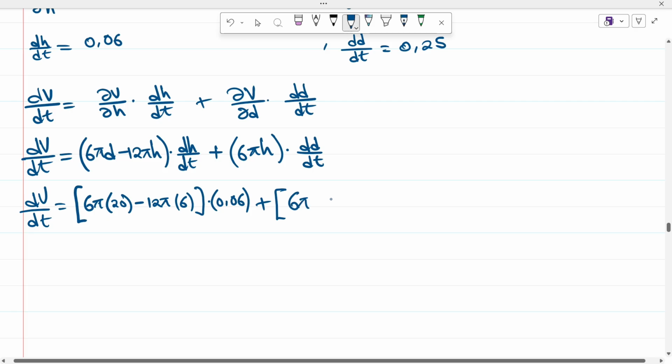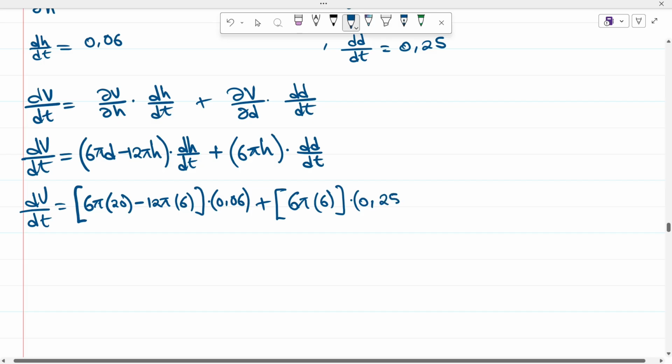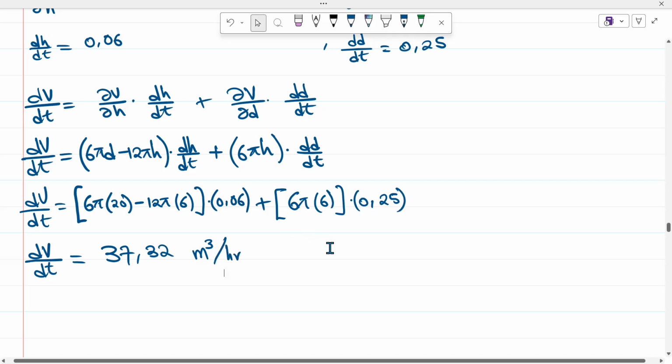This is going to be 6 pi of h, which is 6, and then we close, multiplied by 0.25, just like that. And then you punch it into your calculator. You should be able to get something like 37.32 cubic meters per hour. So this should be your answer.